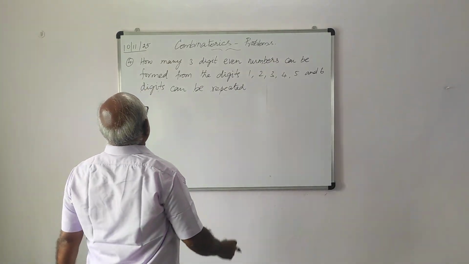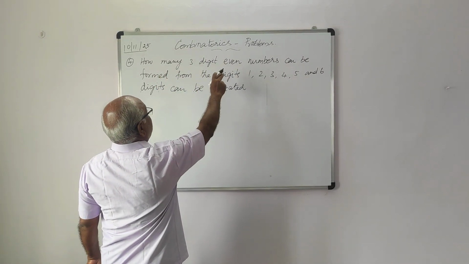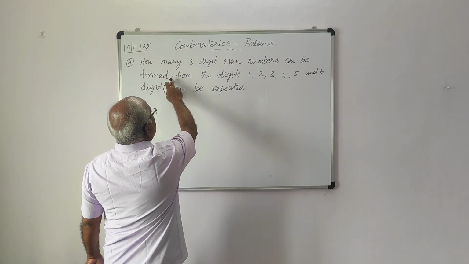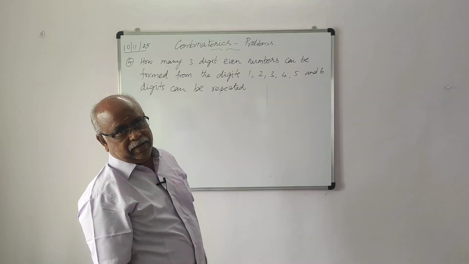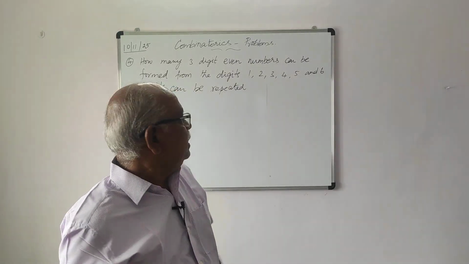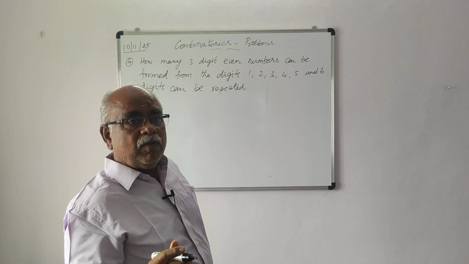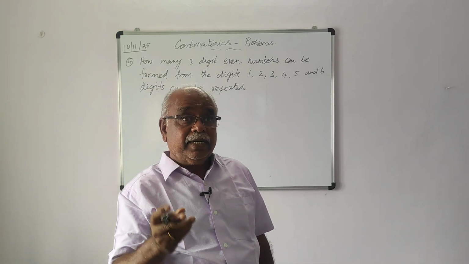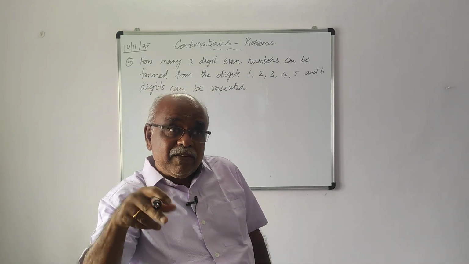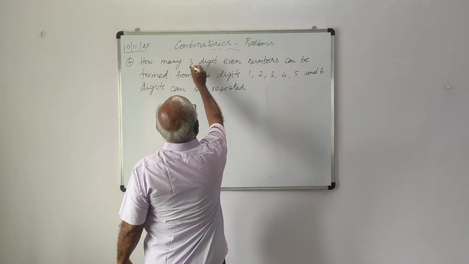Next problem: how many 3-digit even numbers can be formed from the digits 1 to 6? 1, 2, 3, 4, 5 and 6. Digits can be repeated. In this problem, we have to form a 3-digit number, but that number must be an even number.